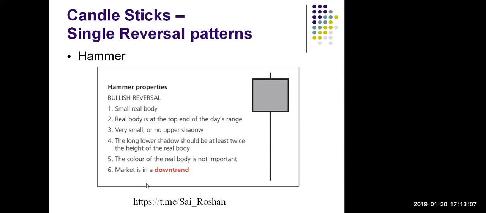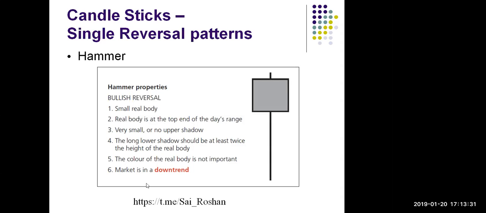I'll show you as we go along. For example, when you're talking about a hammer, let us say the market is in a downtrend, the market is coming down, and at the end of it, you observe a hammer formation. Now, it indicates that there is a very high chance of reversal of the market, which means it can start going up. So it indicates a bullish reversal.